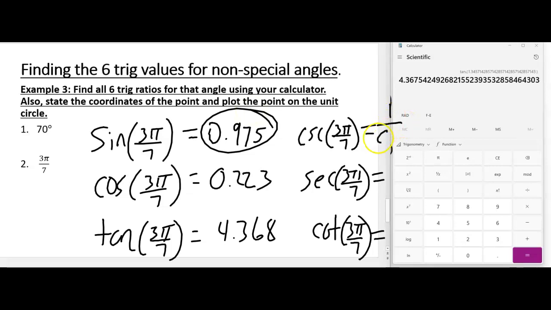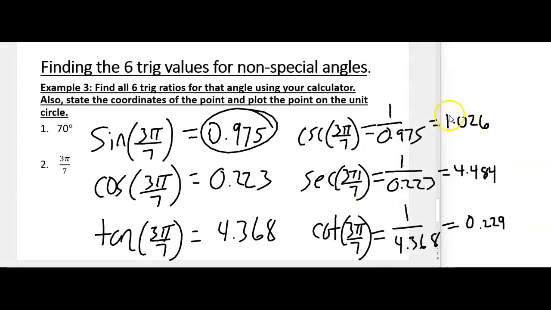So 1 over 0.975. Secant will be the reciprocal of the cosine value. So 1 over 0.223. And then cotangent will be the reciprocal of the tangent value. And then once again, we'll just punch that into our calculator and find all 3 of those values. All right, and so there's those ones. And that's the first part.